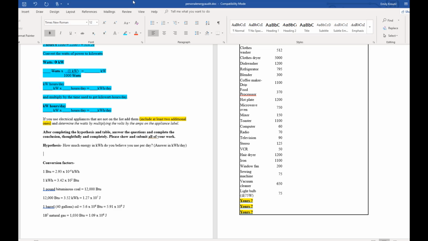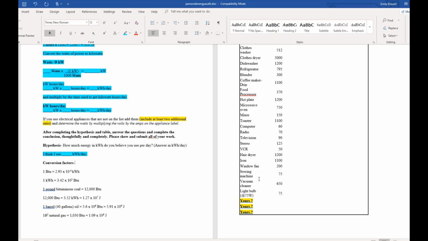For this hypothesis, you can write it this way: I think I use this many kilowatt hours per day. Okay, so that can be your hypothesis.